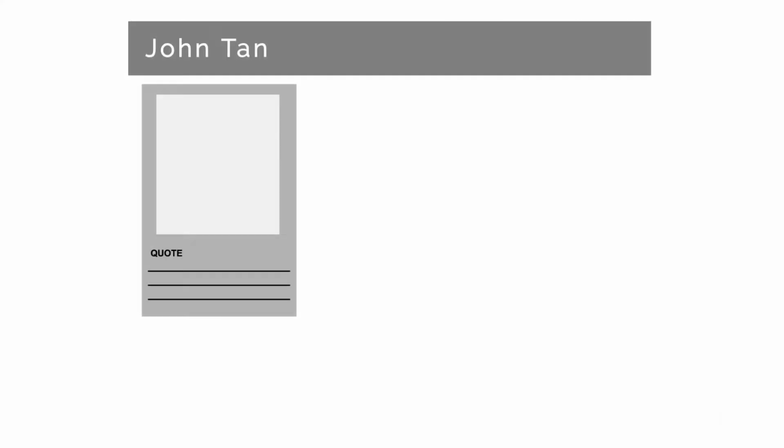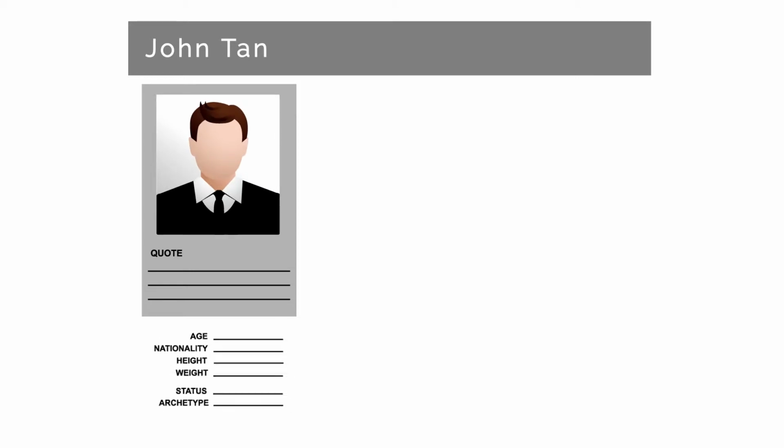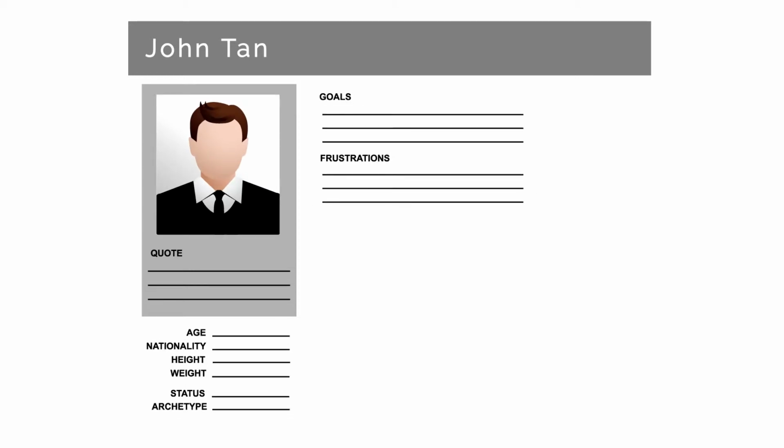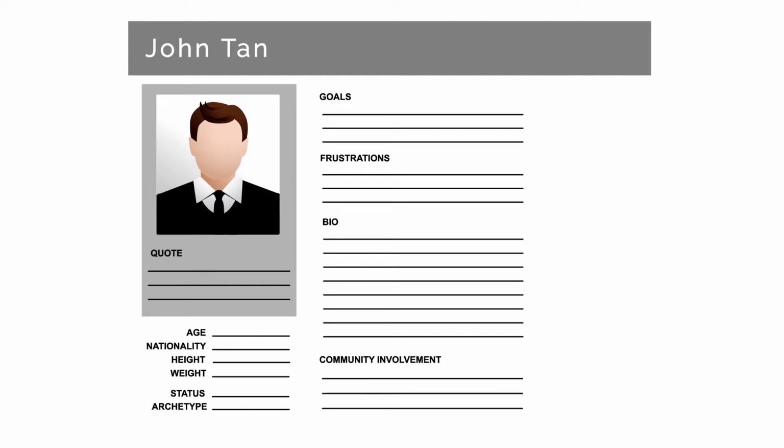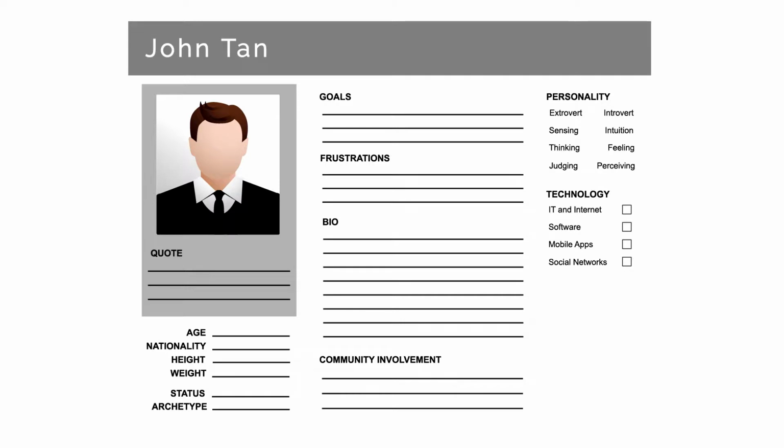The next method of personas is to create a character. A lot of market research companies or design companies use personas to better scope their target audience. So this persona might include a photo of your user group, what they might look like, what they do, what particular community they're part of, and different details that represent that particular user group.